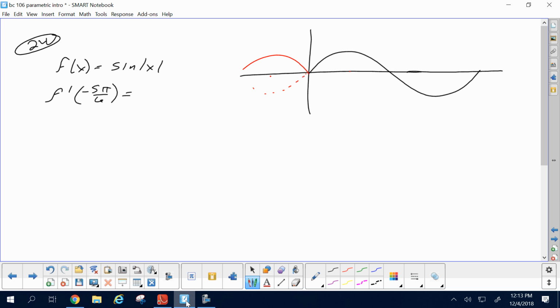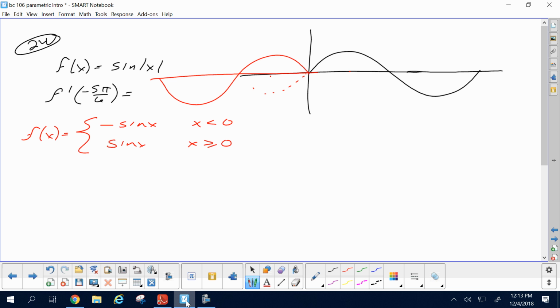So that absolute value inside causes reflection of the positive side. You could say that f of x is, in a piecewise way, the opposite of normal sine of x when x is less than 0, and normal sine of x when x is greater than or equal to 0.